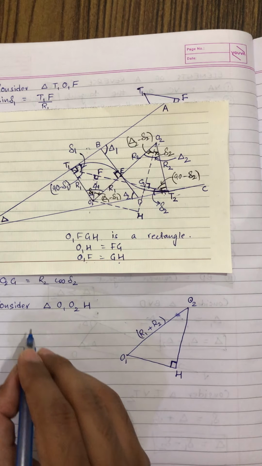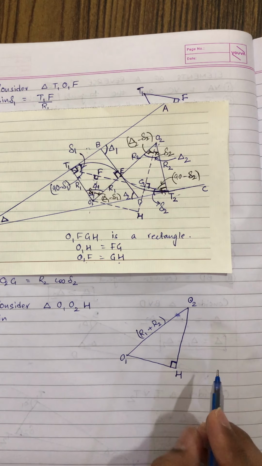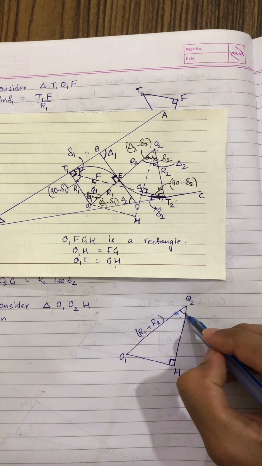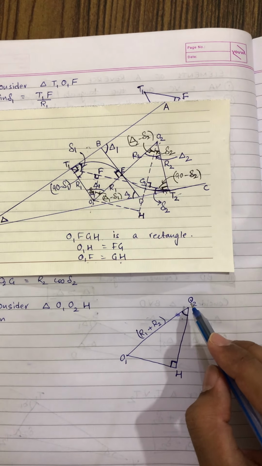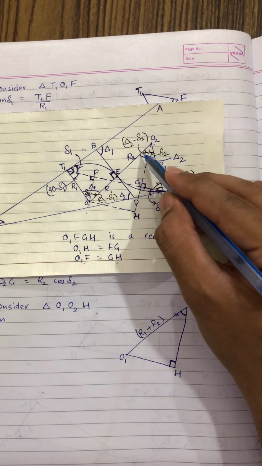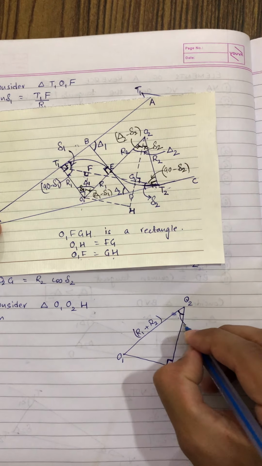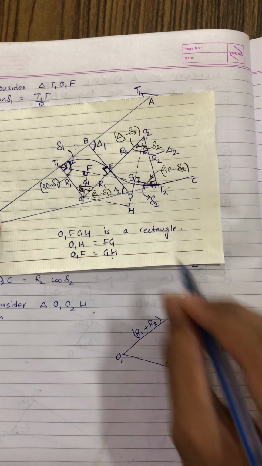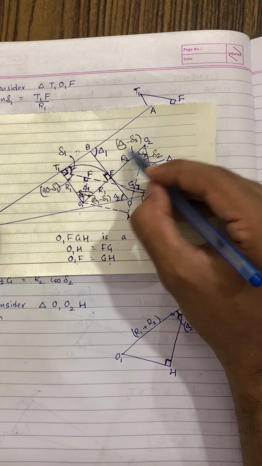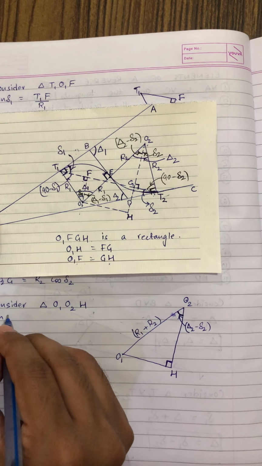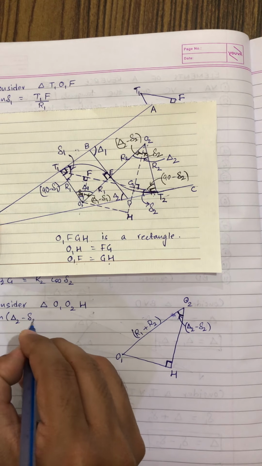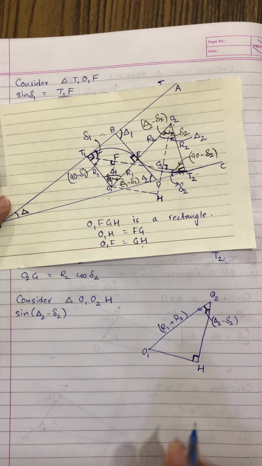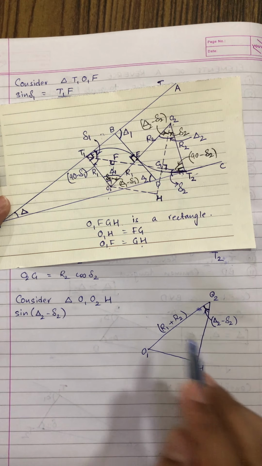So if we consider sine, this angle is given as delta 2 minus del 2. Sine of delta 2 minus del 2 will be opposite upon hypotenuse.